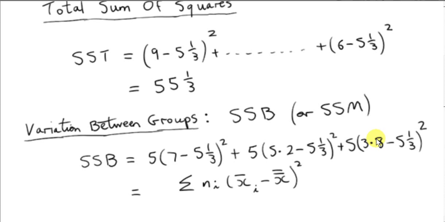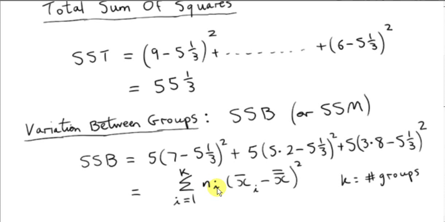Symbolically, this calculation, which is quite straightforward to do, can be written like this. What we're doing is we are summing over the groups. So i here, the subscript i, runs from 1 to the number of groups, which is often denoted by k. So in our example, k is 3, so we have 3 square deviations.